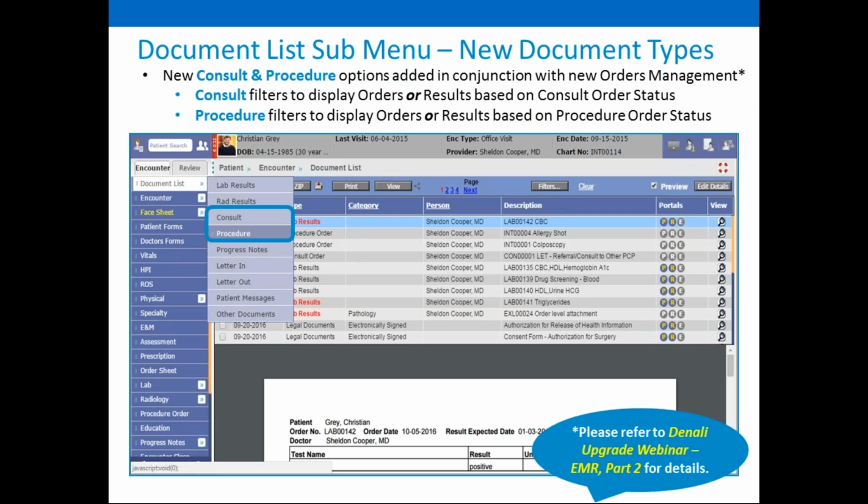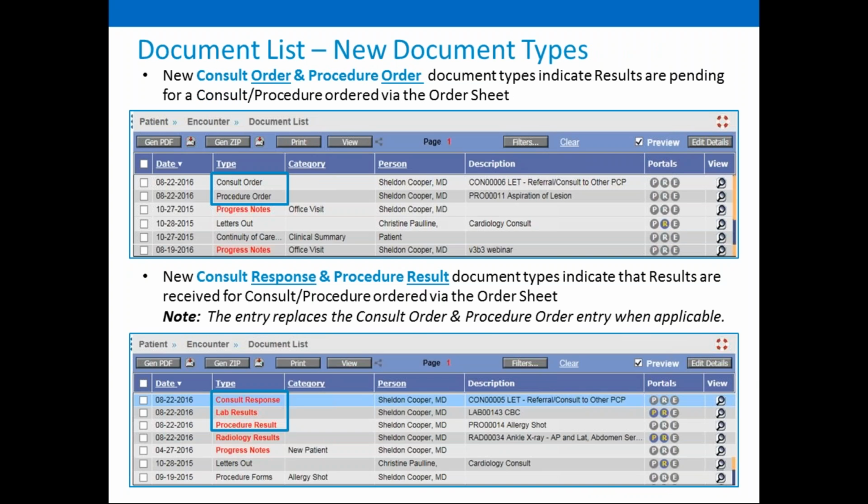So on this menu choice, you can say consult or procedure, and it's going to filter to both orders and or results based upon the status of the individual orders. Now again, this is only if you're using the new order sheet. If you're not using the new order sheet, then these values are not going to be applicable to you.